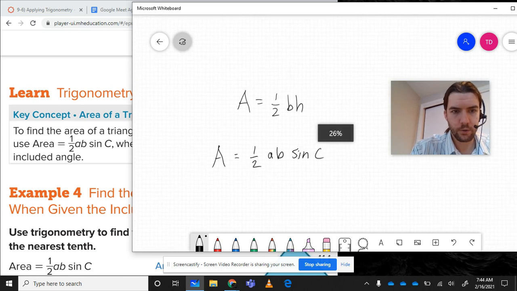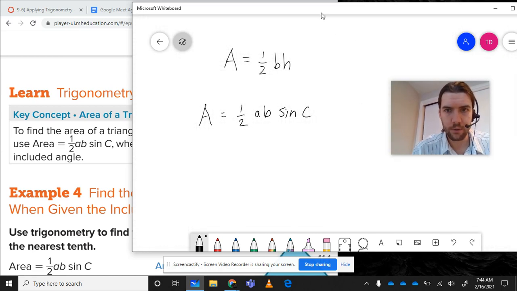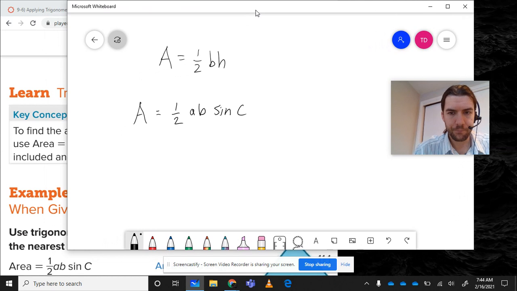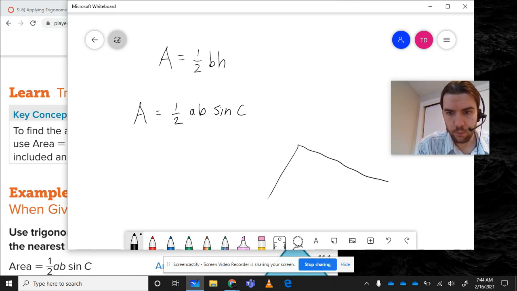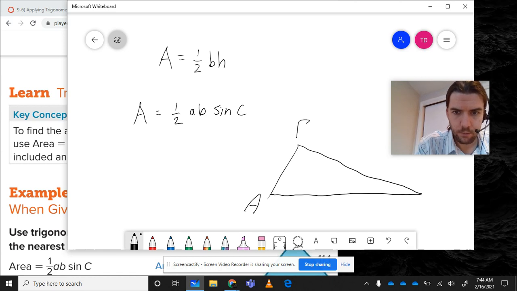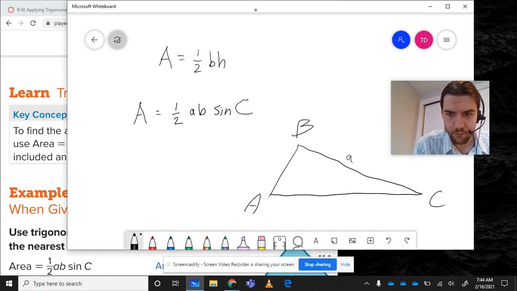Okay, where, let me draw out a triangle so that we know what we're talking about with these A, B, and C's in here. If we have some triangle with corners that we're going to label A, B, and C, then this little a and this little b, oh, it's a big C. Little a stands for the length that's across from A. Little b stands for the length that's across from B, and little c would be over here.